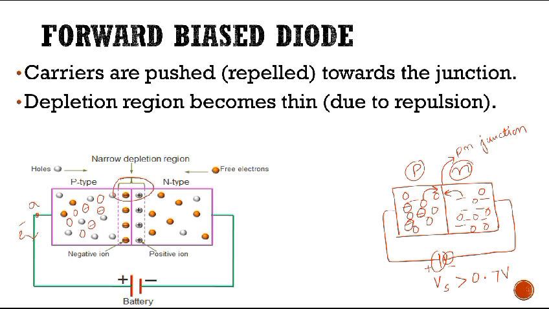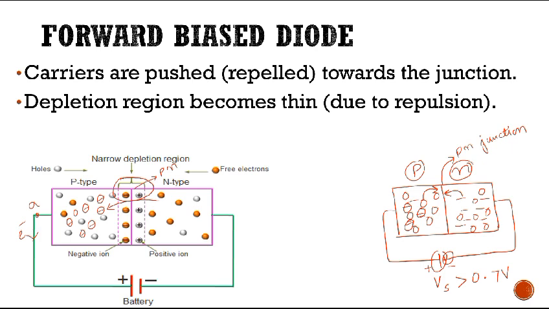Now, due to the reappearance of these holes, electrons in the N region diffuse across this P-N junction and recombine with these newly formed holes, and this process continues.